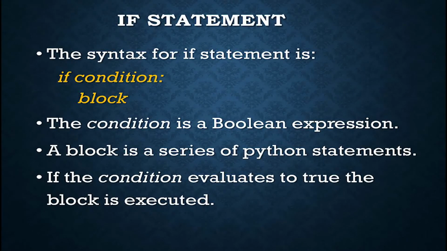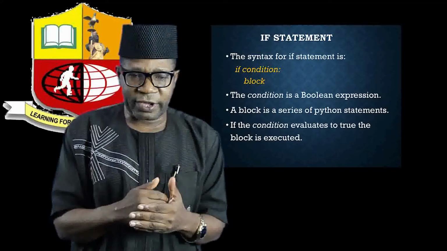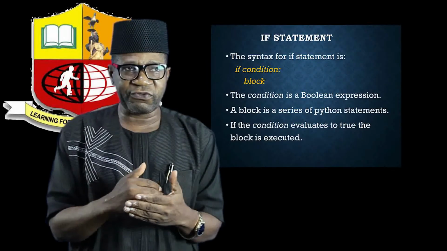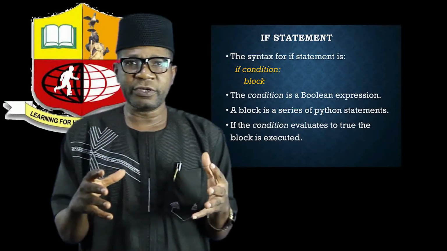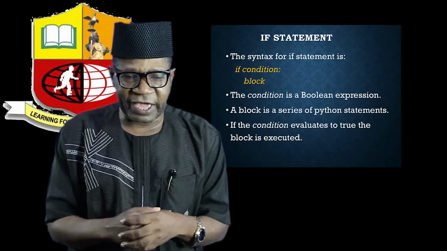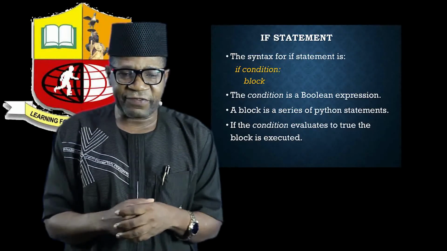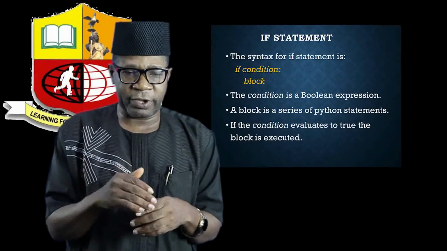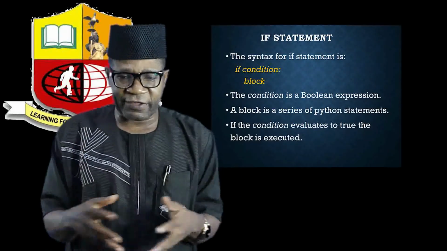That block, you remember in the last class I told you, we have blocks in Python, and a block means a set of instructions that can be grouped as a chunk. So the syntax is if condition colon block. The condition is a Boolean expression.